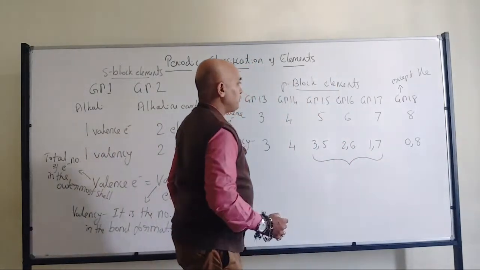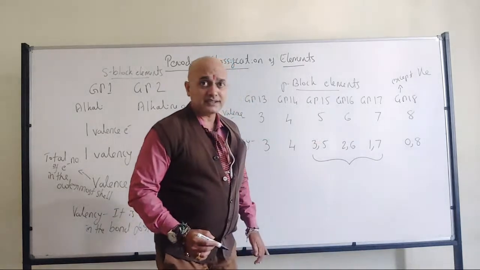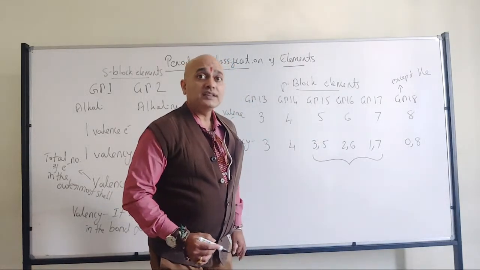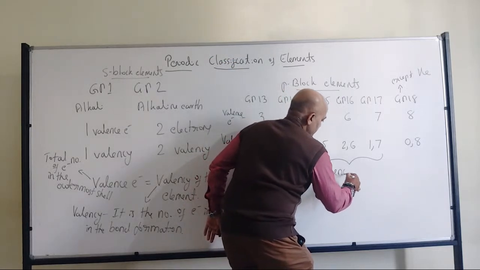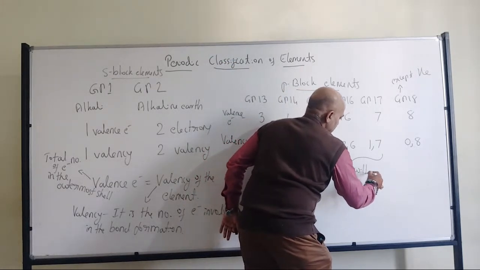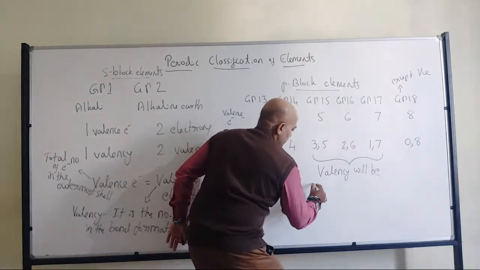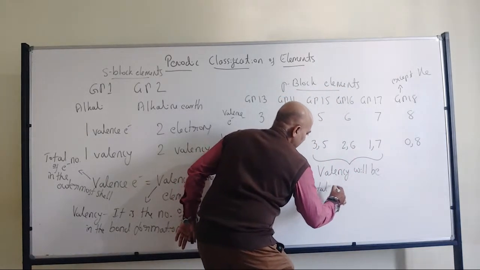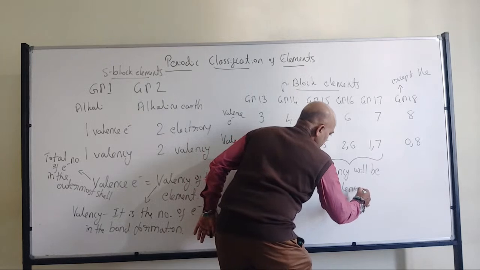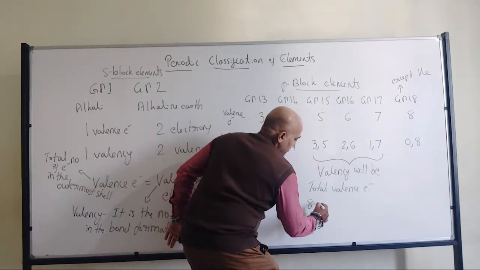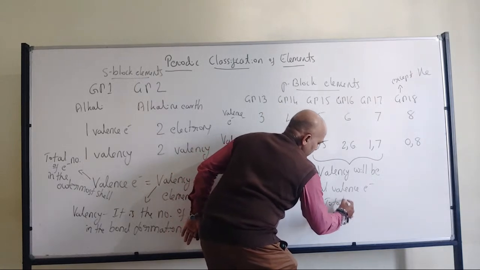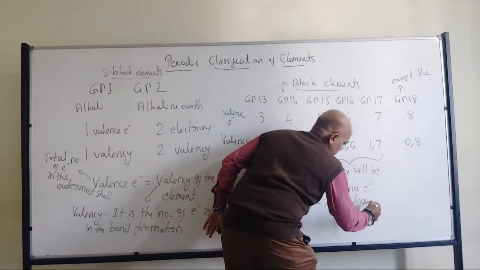Therefore, when it comes to these group elements, valency will be one: total valence electrons, and another one: 8 minus total valence electrons.